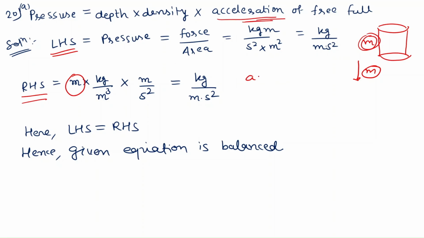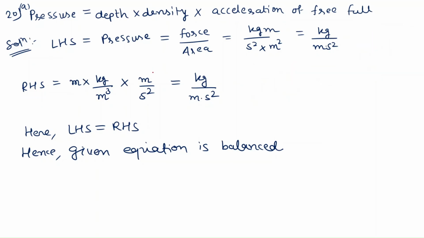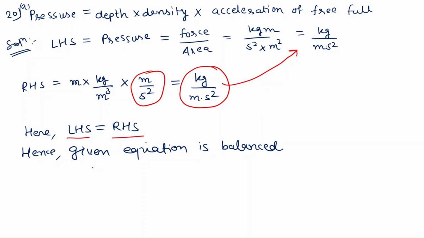Acceleration has the unit meter per second square, and velocity has meter per second. So be careful when you deal with acceleration and velocity. So here I put meter per second square, and we get the answer kilogram upon meter into second square, which is the same as the left hand side. So we can say LHS is equal to RHS. So the given equation is balanced.